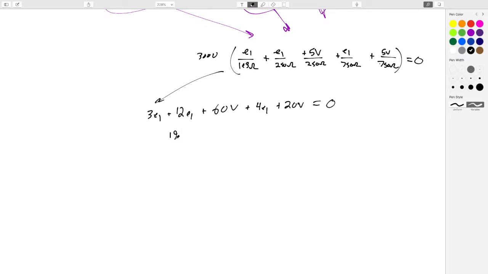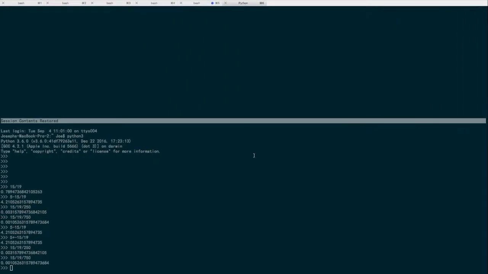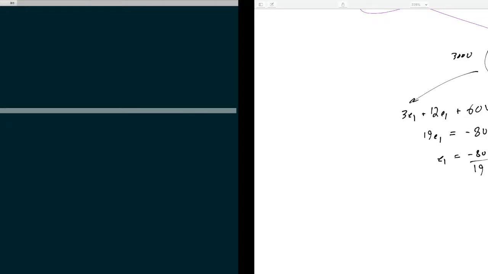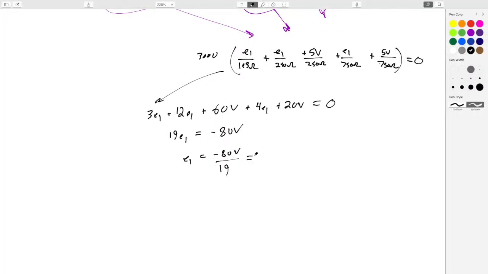Again, that's going to be 19E1 equals negative 80 volts. So E1 should equal negative 80 volts over 19, which equals, let's solve that real quick, negative 4.211 volts.